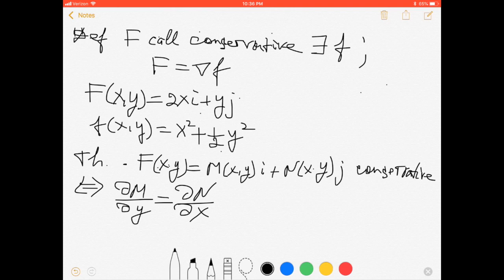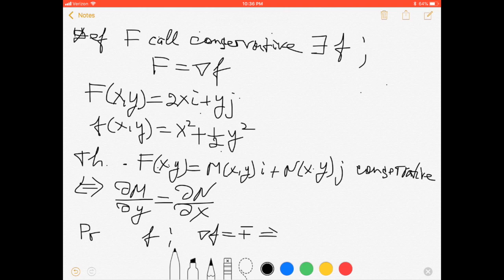I think proving this theorem is no problem, because what does it mean to be conservative? There exists a function f such that the gradient of f is your vector field.